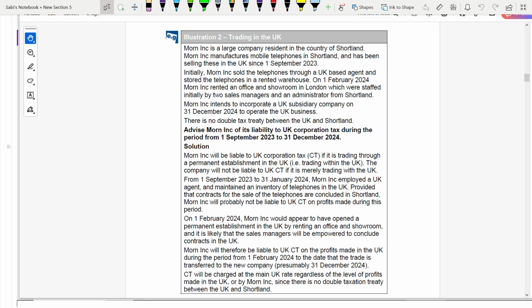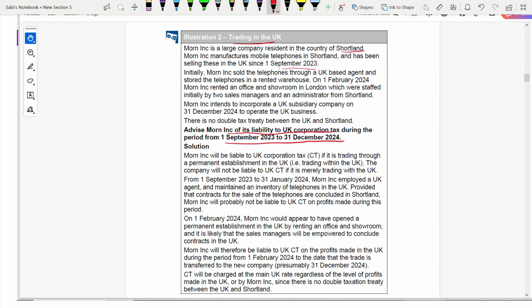Illustration 2. So, when you're trading in the UK, here you're supposed to advise Monk Inc. of its liability to UK corporation tax during the period from 1st September 23 to 31st December 24. Monk Inc. is a large company resident in the country of Scotland, manufactures mobile telephones and has been selling them in the UK since 1st September 2023. They are selling telephones through a UK based agent and store the telephones in a rented warehouse.